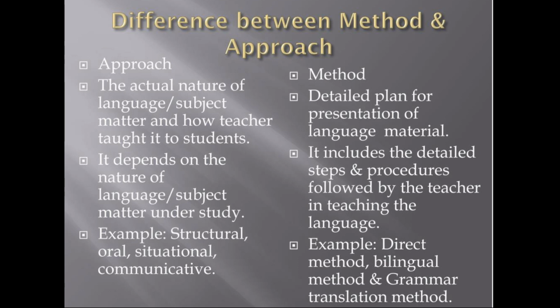And if it is a situational approach, it shows that language is made of different situations. And if it is a communicative approach, language is made of different types of communication, communicative situations, communicative competence. So you are clear about the meanings of approach, method, and technique?